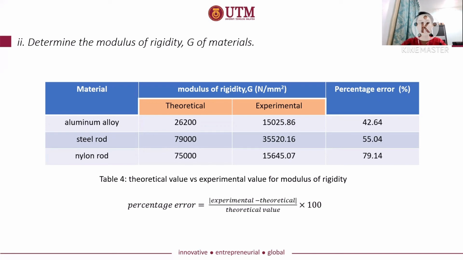To calculate the percentage error, we use the formula experimental minus theoretical over theoretical value, times 100% to get the percentage error.